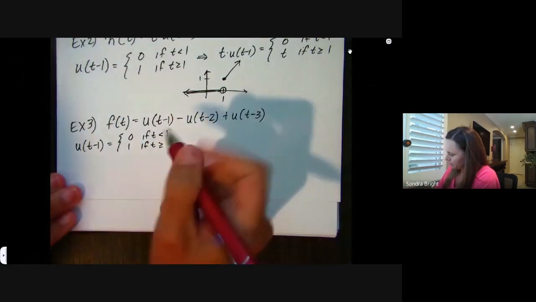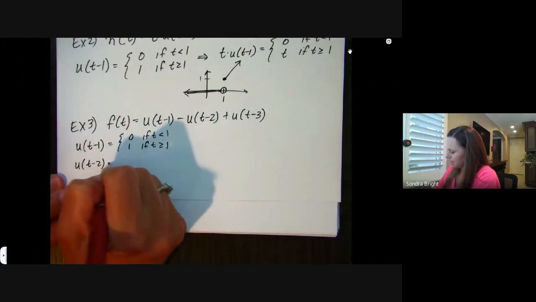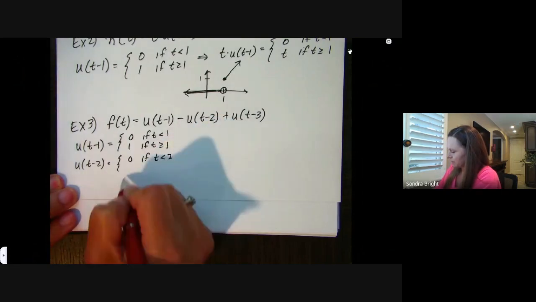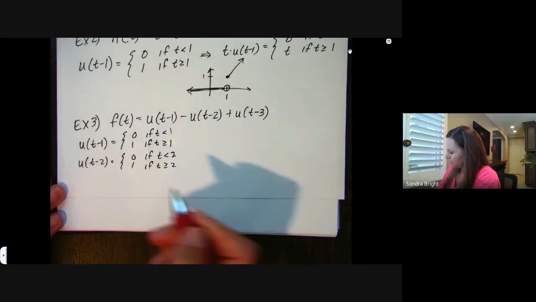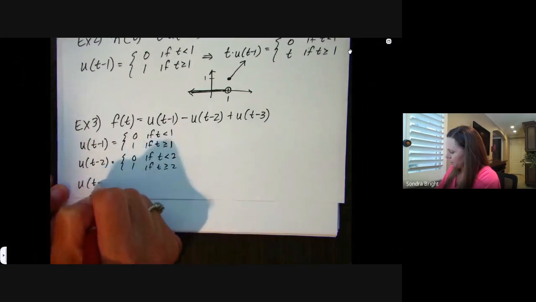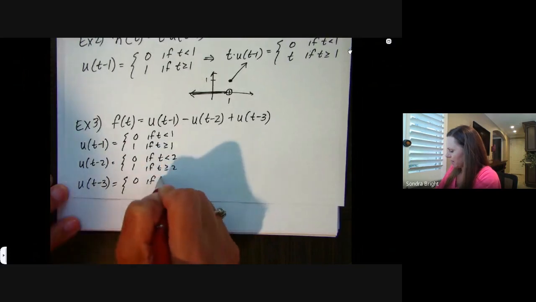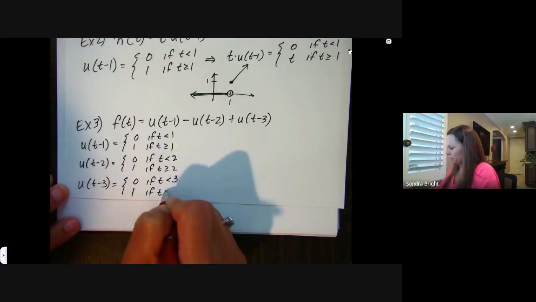And u of t minus 2 will equal 0 if t is less than 2, and 1 if t is greater than or equal to 2. And then u of t minus 3 will be 0 if t is less than 3, but 1 if t is greater than or equal to 3.